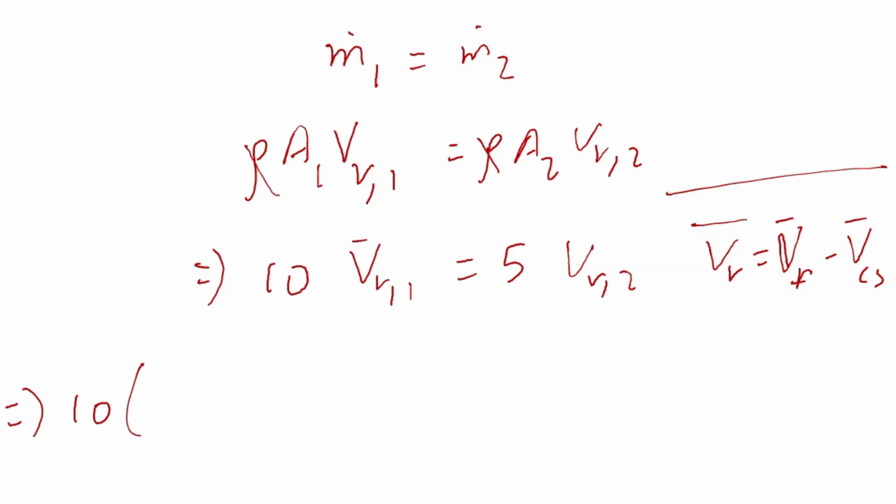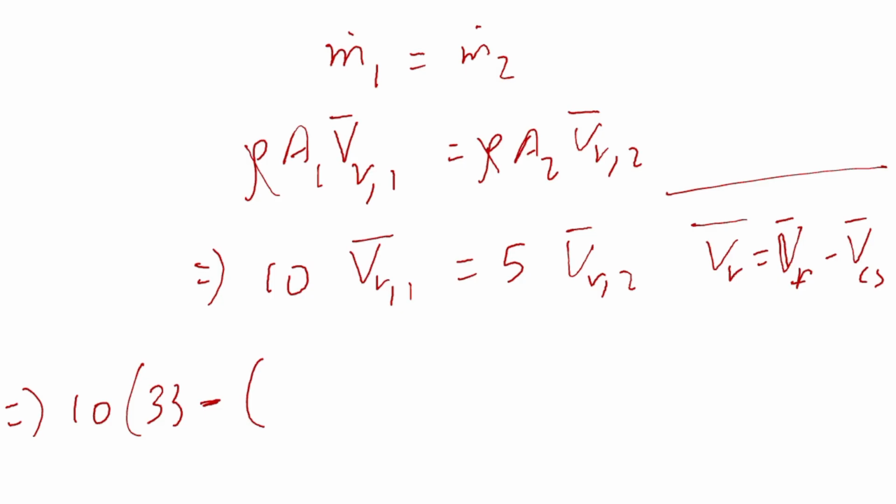Actually, this should be vectorial, so I should put dashes on top of these. So the velocity of 33 meters per second is in the positive direction, minus the velocity of the control surface, but the velocity of the control surface is in the opposite direction.